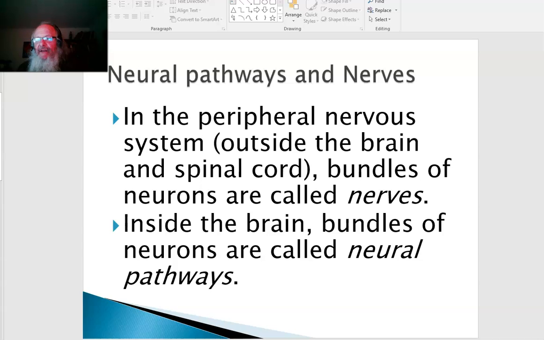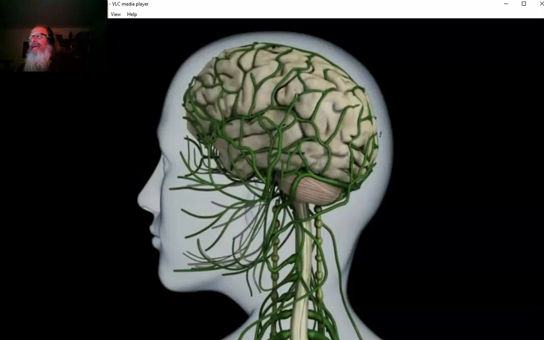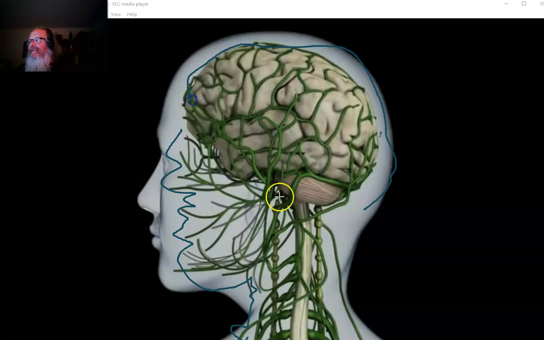So, for instance, we go back and look at this opening shot from our neuron animation. For a couple of previous presentations, we have been highlighting the fact that these green cable-looking things are nerves.